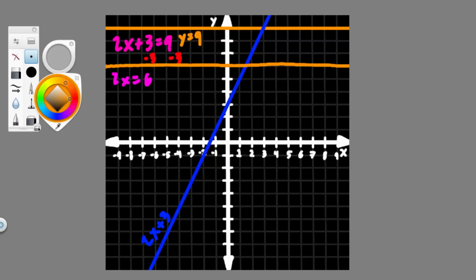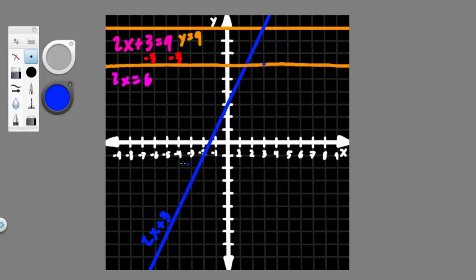What about the other part of the line? We have just 2x, and that's going to be a line parallel to this one, but through the origin. Let's find a point we know. If it's 2x, hopefully you can look at this and see that the solution is 3. At 3, we're going to be here.